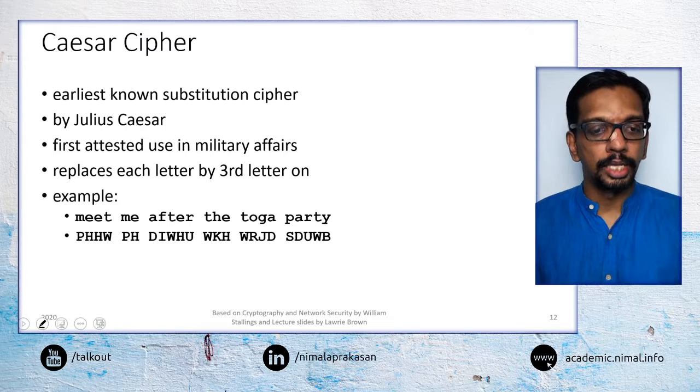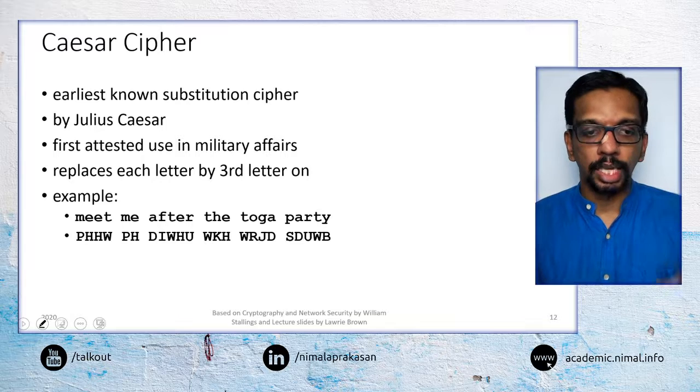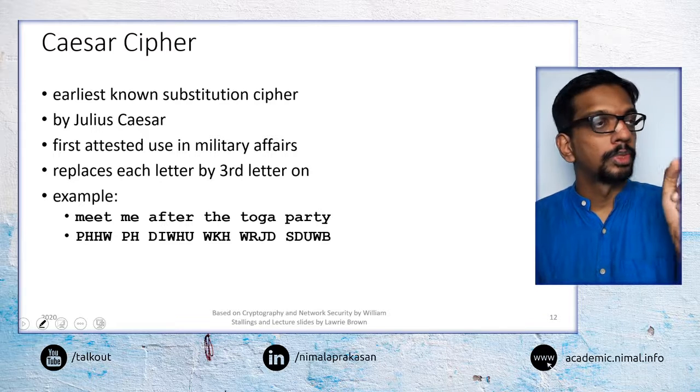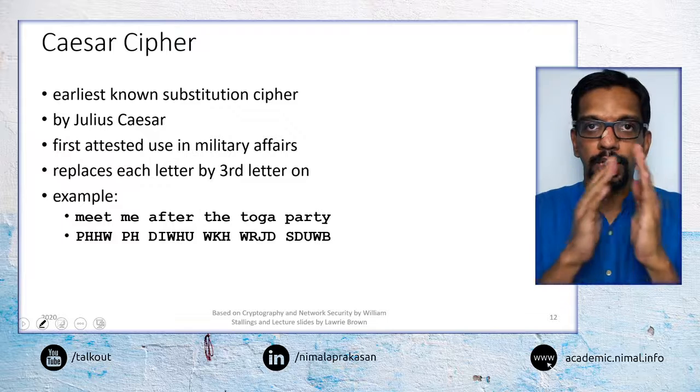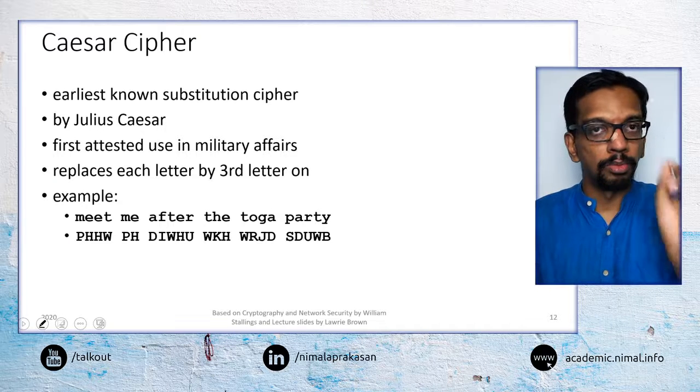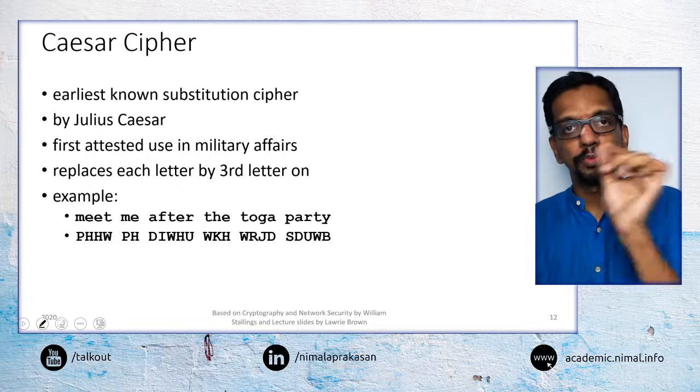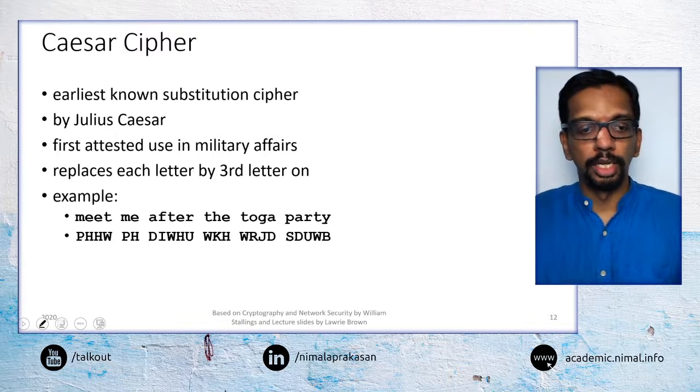So the basic idea with the Caesar cipher is we take a letter in, say, the English alphabet, we take the series of letters and we replace each of these letters by the third letter.